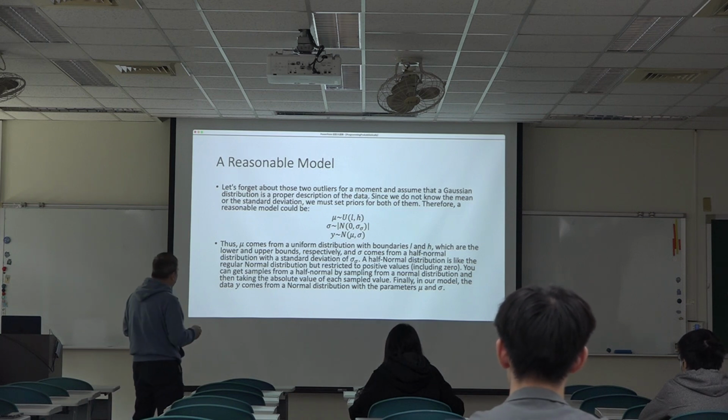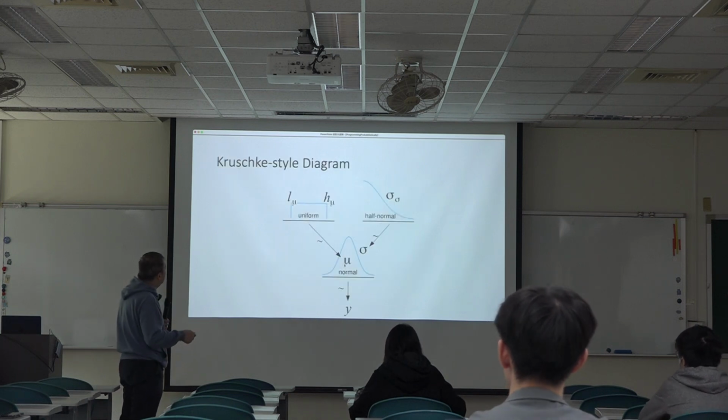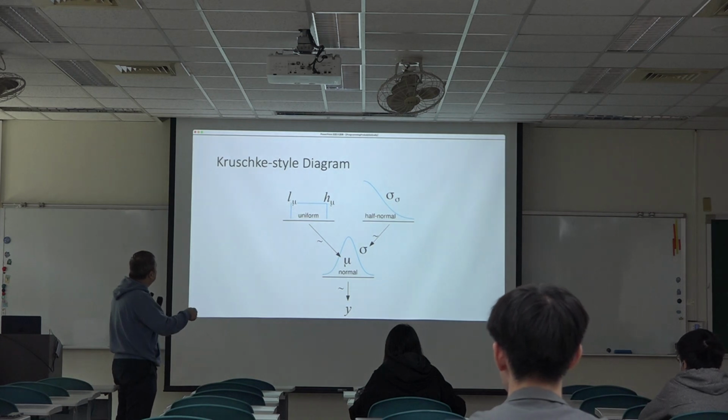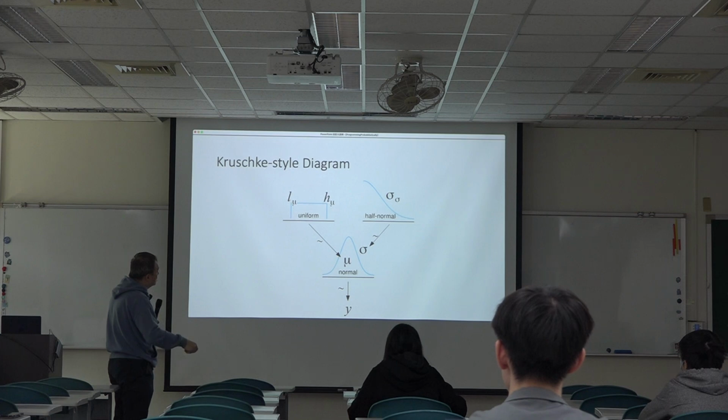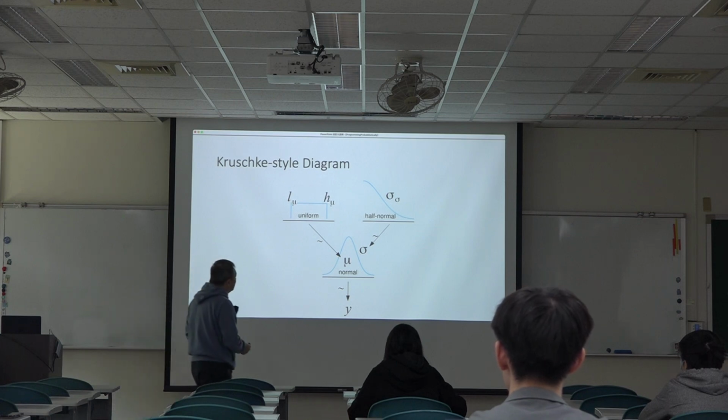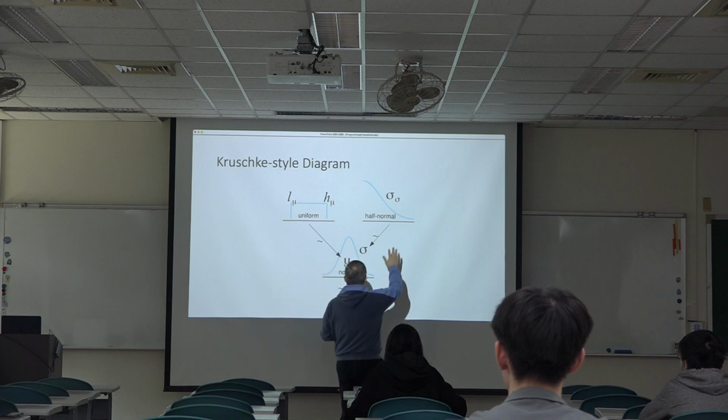In the Kruschke-style diagram, it looks like this. This is called a half normal.